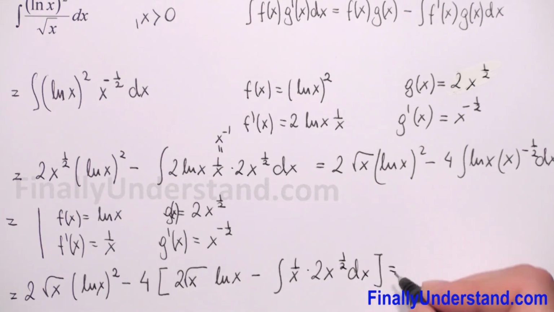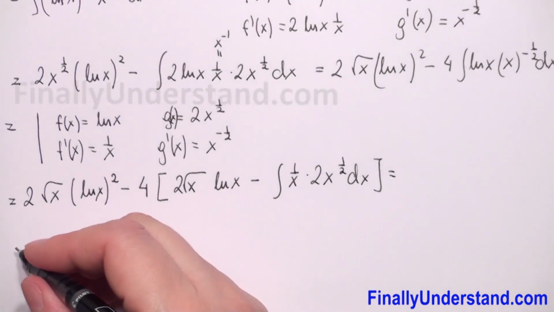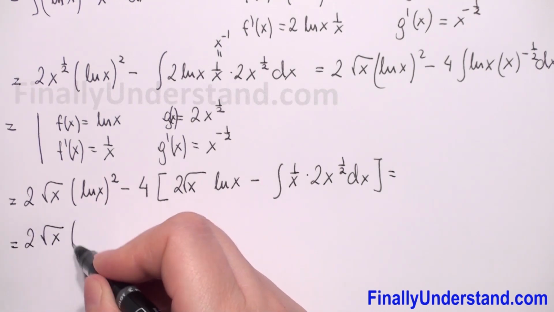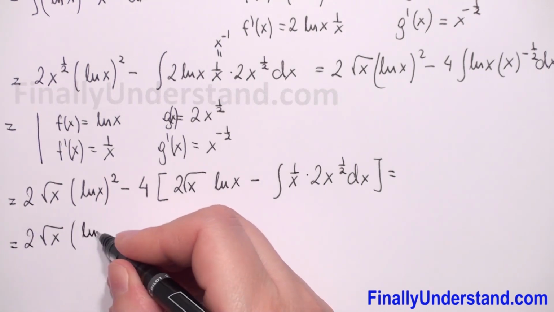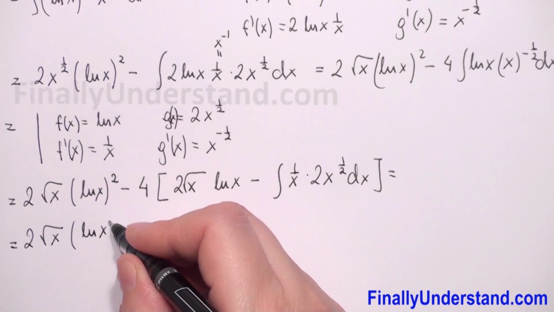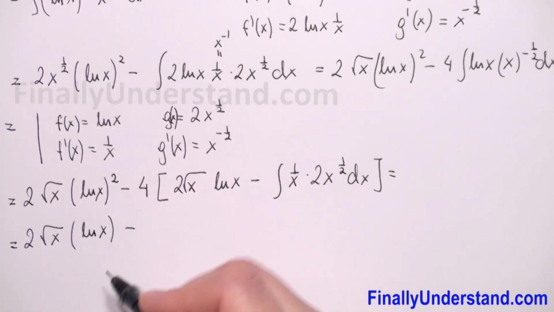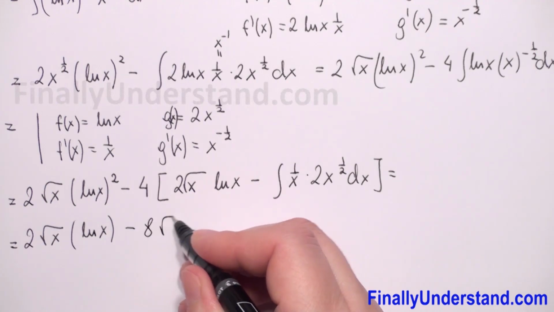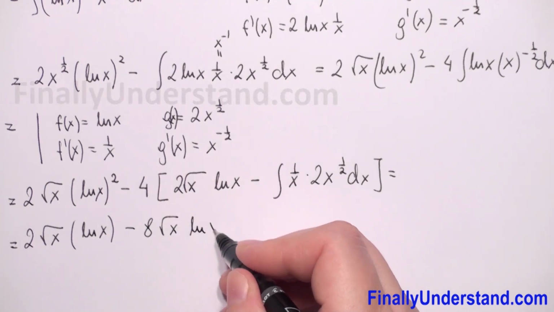Close brackets, this is equal. We have to copy 2 square root of x times the square of natural logarithm of x minus, and we have 4 times 2 will be 8 square root of x natural logarithm of x.